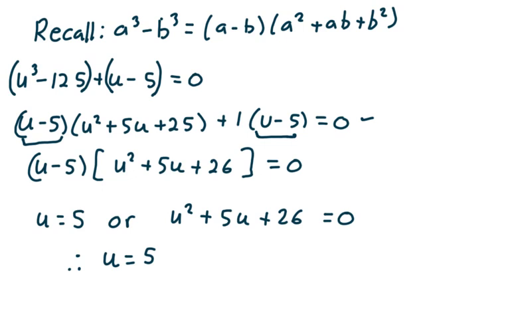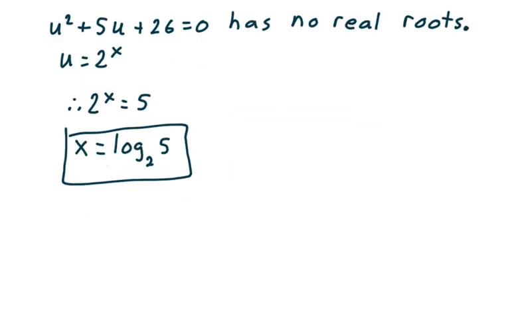So u is equal to 5, or u squared plus 5u plus 26 is equal to 0, which tells me u is equal to 5. Because if we look at u squared plus 5u plus 26 equals 0, this has no real roots.